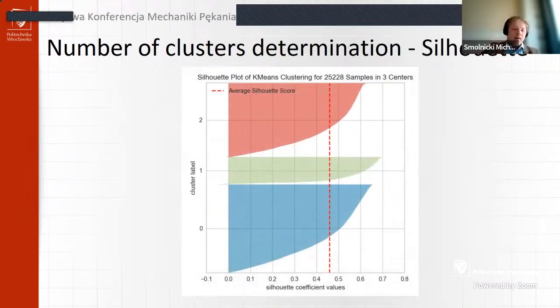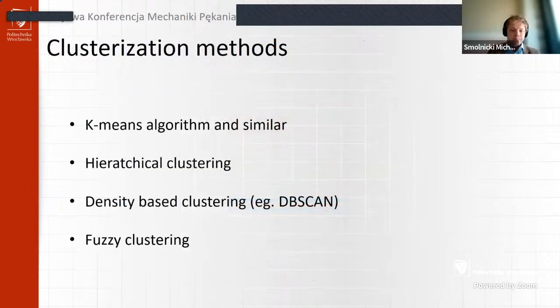We can go into detail about this method, but maybe for now the most important fact is that you can find the best number of clusters, you can analyze how this information was derived, and check if it is along with the mechanical knowledge.